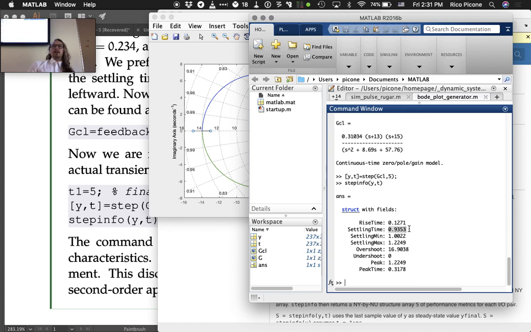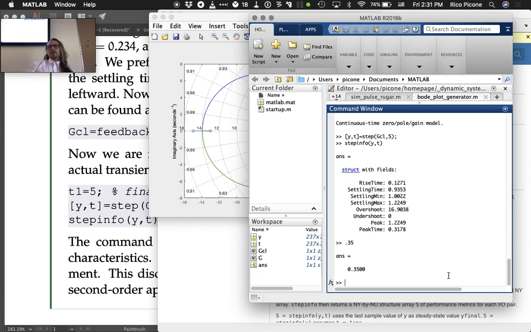So that was good, right? We want less settling time. We minimize that settling time. But notice that our percent overshoot's moving away from 20%. It's going down too. So probably going back to a gain of 0.35 is probably right where we want to be.